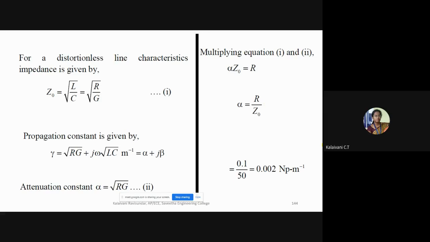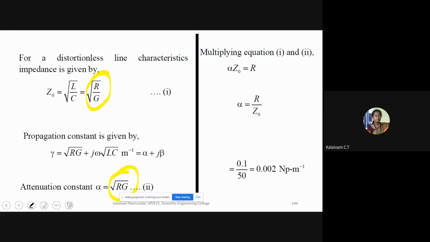To equate both, we'll multiply both. So Z0 I had taken as equation 1, alpha as equation 2, multiply both. You will get root of R by G times root of RG, so G and G will get cancelled.